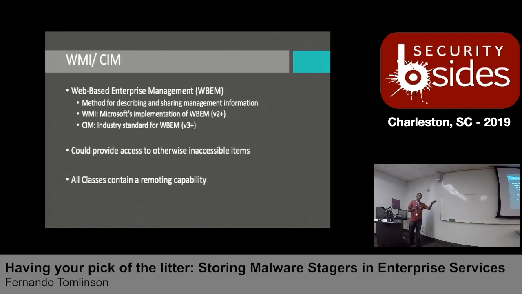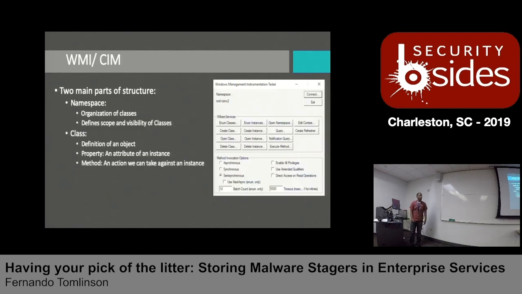WMI is going to use DCOM. CIM is going to use a thing called WSMan, but ultimately the namespaces and classes that we're accustomed to from WMI are still available. So we're going to take advantage of that in the sense of we have these classes, namespaces that have a particular set of information about them.